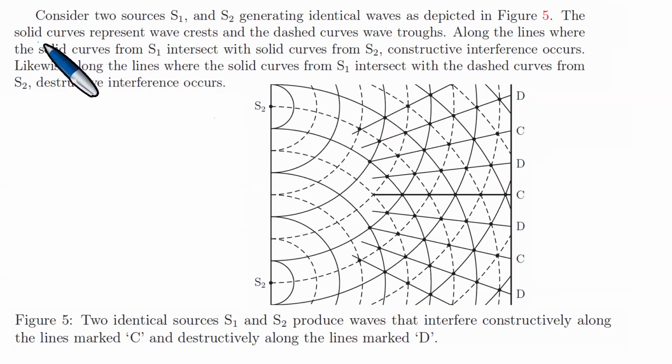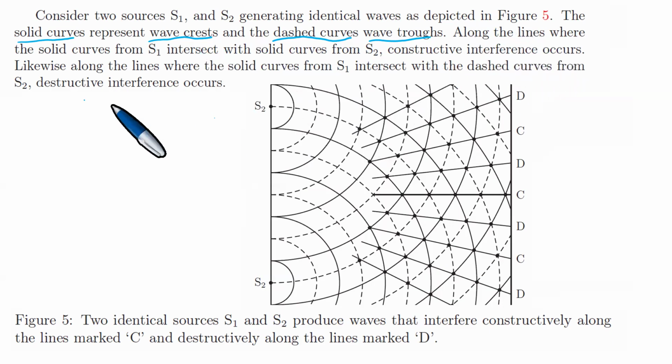Right. As we are told, the solid curves represent wave crests, and the dashed curves wave troughs. So you have the troughs here, which are the dashed ones, and the solid ones are the crests.